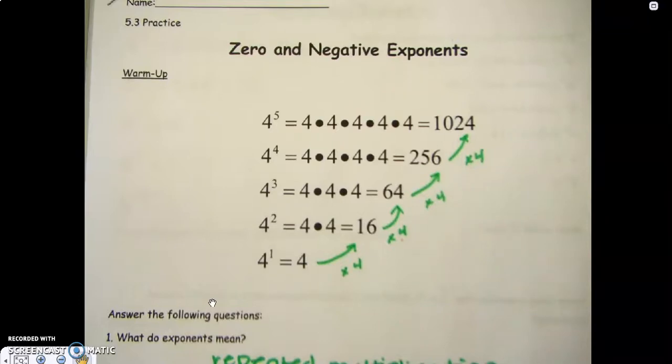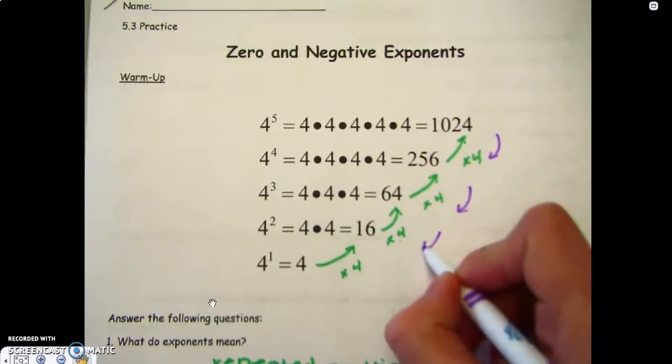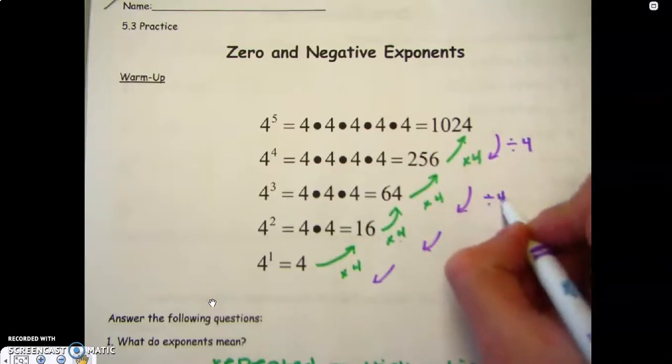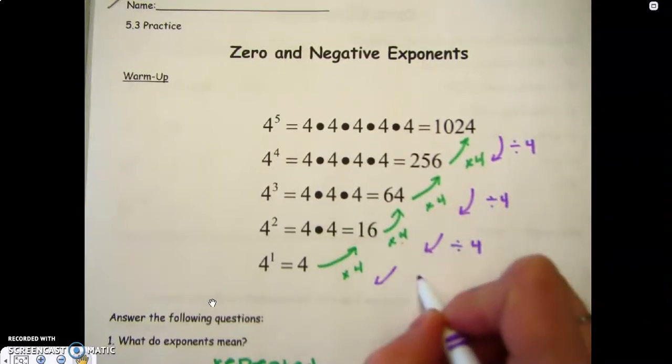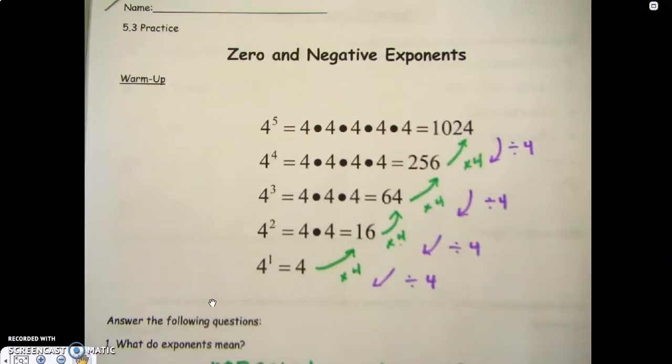You could have also seen that as you go down, you divided by 4. If you divide each product by 4, you'll get to the one below. So that is really important.